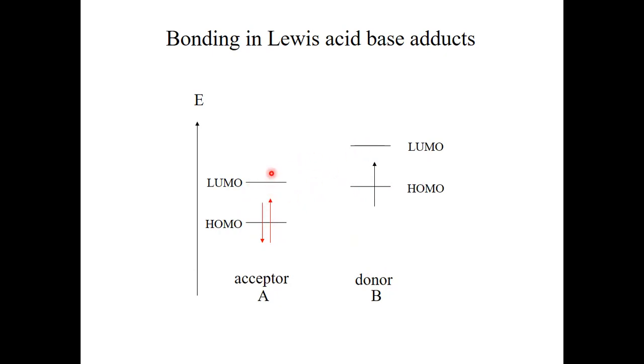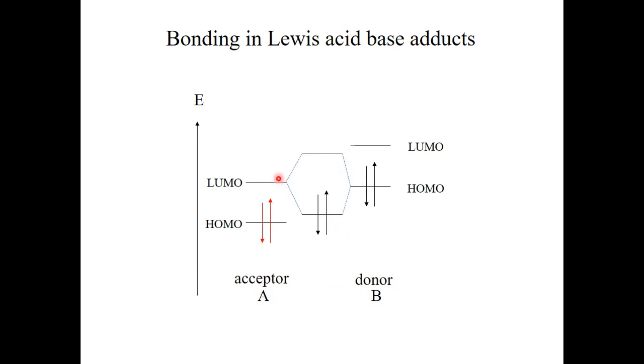Therefore, the interaction will now be primarily between these two. That reverses the roles of the two species A and B. Now A will actually be the acceptor and B will be the donor, because we form a stronger covalent interaction between these two rather than these two.